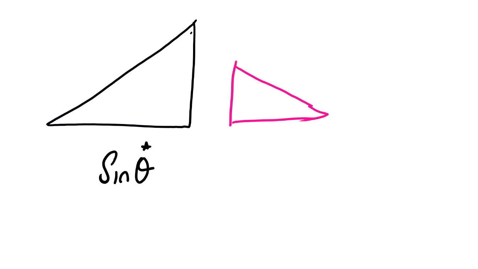The second trigonometric ratio is cos theta, and then lastly we have tan theta. We normally use these ratios to determine sides and angles of a triangle.